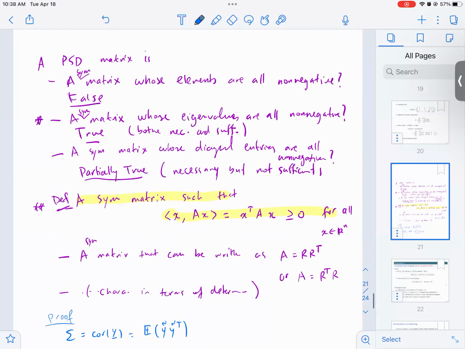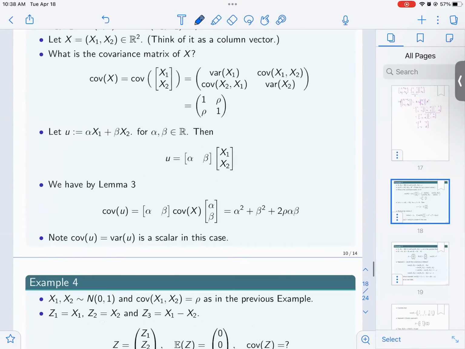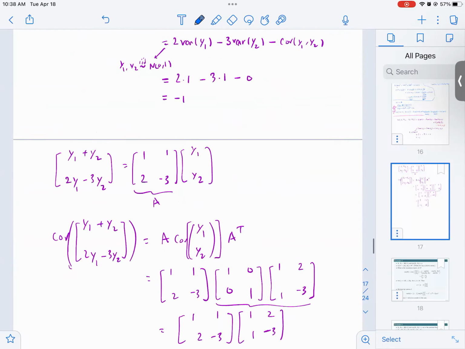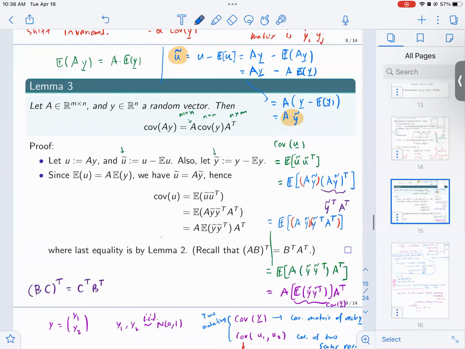Imagine this result that we had. Here we have A transpose sigma A, so you can reconstruct it back. What is this side? This side is A transpose sigma A.